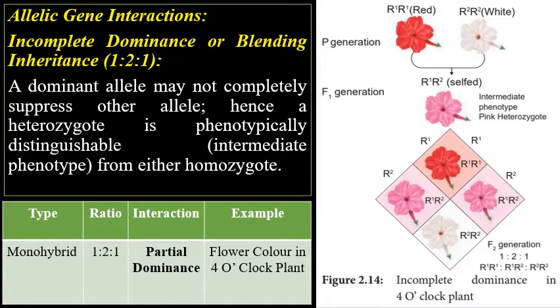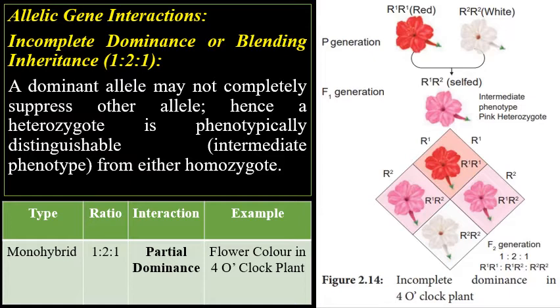In this, we have taken the example of flower color in the four o'clock plant, in which the ratio of the monohybrid cross is 1:2:1.